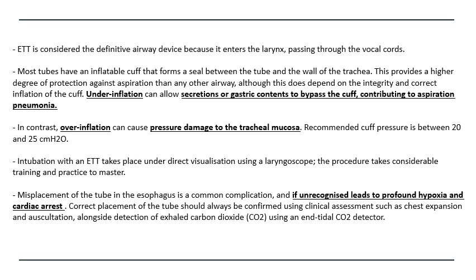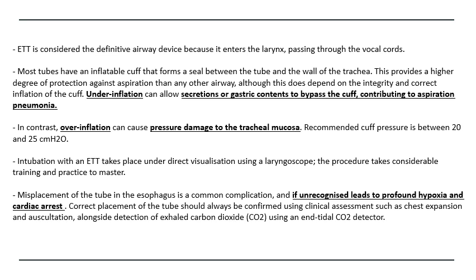So under-inflation of the cuff can allow secretions or gastric contents to bypass the cuff, contributing to aspiration pneumonia. In contrast, overinflation can cause pressure damage to the tracheal mucosa. Recommended cuff pressure is between 20 to 25 or 30 cm water.